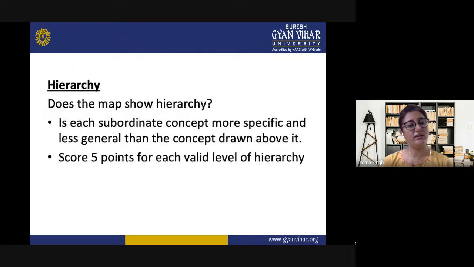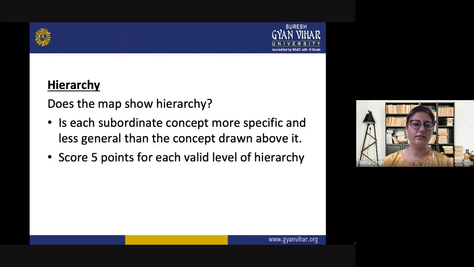Then the hierarchy. If a certain pattern is given by the teacher to the students to be followed, and if that has been followed by the students, does the concept map show hierarchy? And if it is showing hierarchy, is each subordinate concept more specific, going to the less important one?